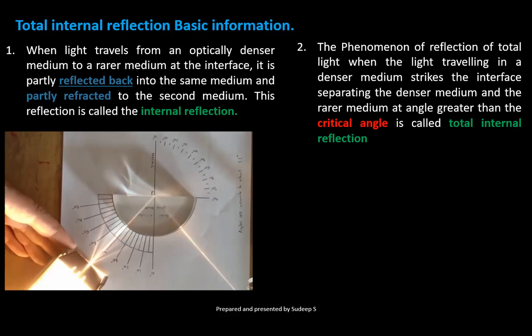The new term that arises here is critical angle. So what is this critical angle? तो हम लोग critical angle को भी समझते हैं, ये नया term है.